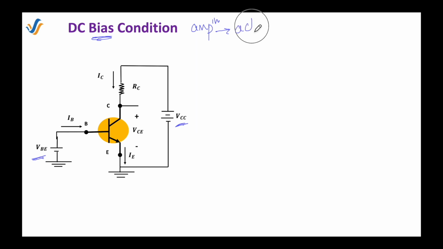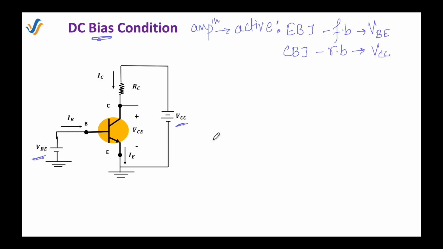This is the active mode of operation, and in active mode the emitter base junction should be forward biased, and it is forward biased with the VBE potential, and the collector base junction should be reverse biased, and it is done with the help of the VCC supply. Now this is the DC bias condition. Let's find out what will be the collector voltage and the current values.